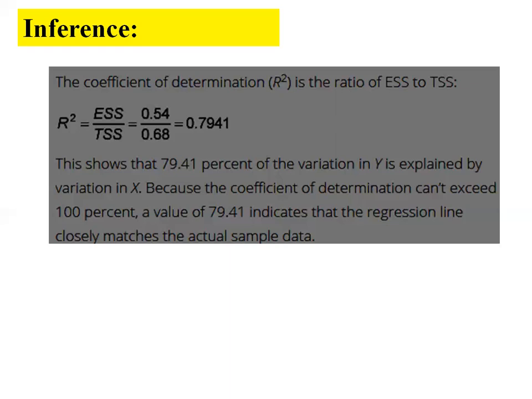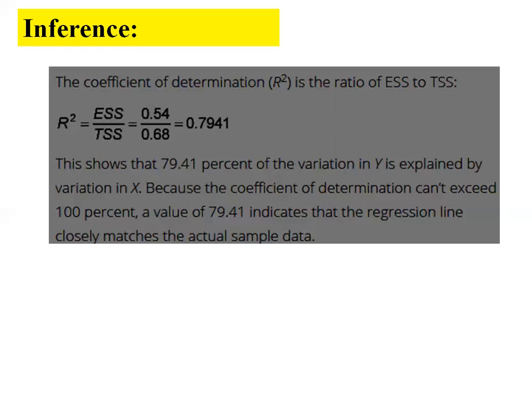But whether this R squared is significant or not can be estimated using the F test. For individual coefficients, like beta 1, beta 2, and so on, we use the t test to estimate their significance.